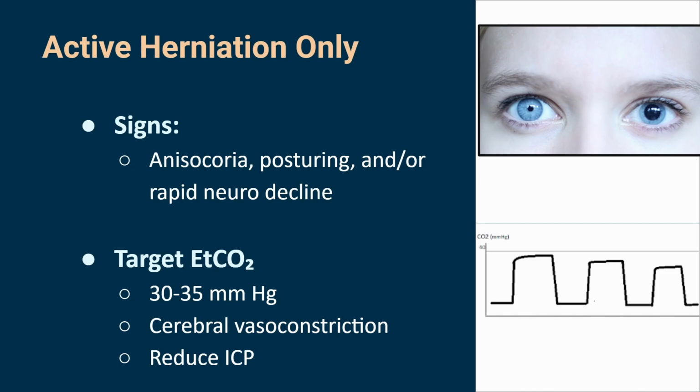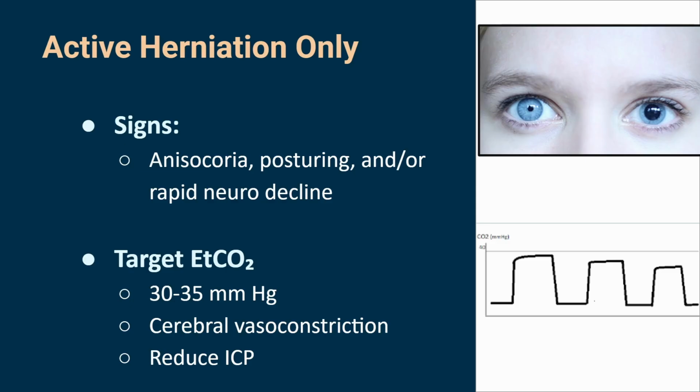When we suspect brain herniation, not just he got hit in the head with a hammer and his vitals are fine and his pupils are okay. I mean, when we're suspecting that his skull is filling with blood and it's forcing his brain down into his foramen magnum and putting pressure on his brain stem. When I suspect active herniation, we are not going to hyperventilate, even though the book will say that. We are targeting 30 to 35, which in my opinion isn't hyperventilation, it's targeting a specific end tidal.